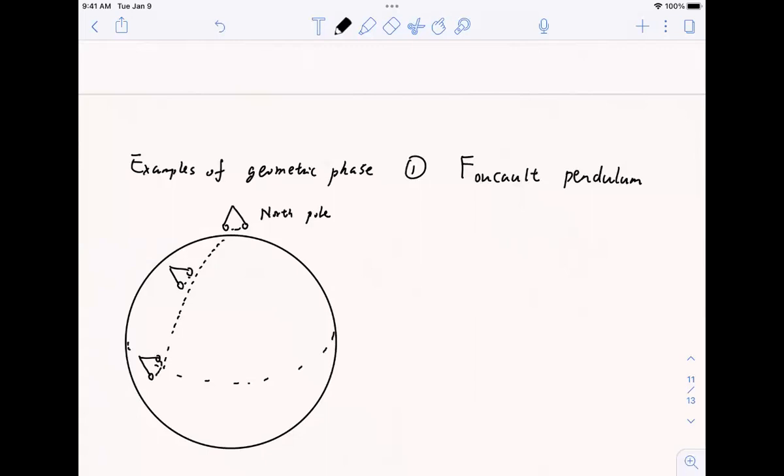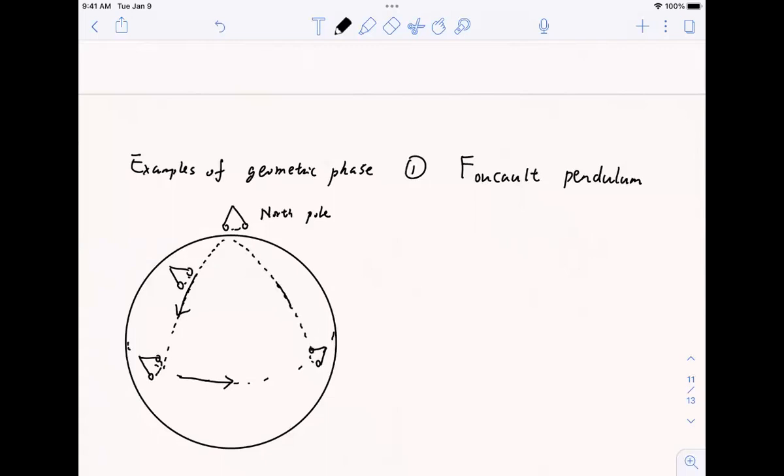You do it slowly. First you do it like this, and then second you move it like this. Let's say you move it to here, then the pendulum is going to oscillate like this. Just follow the equator, and then you move it back.